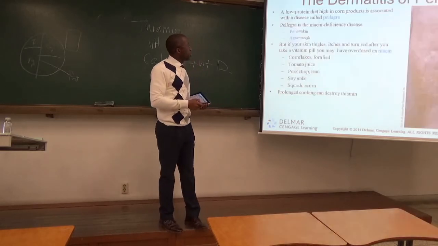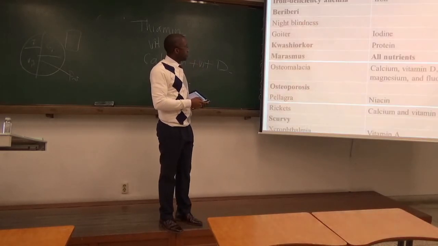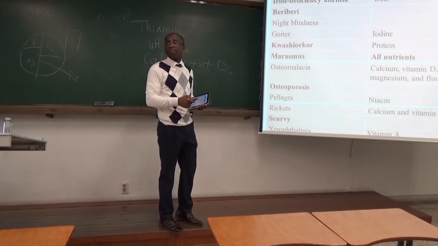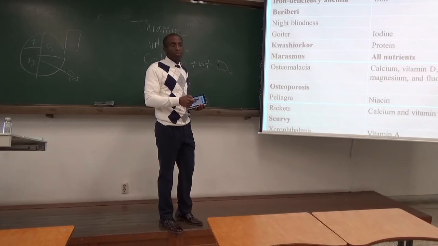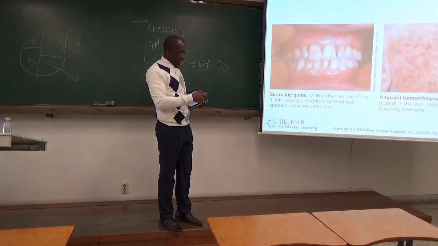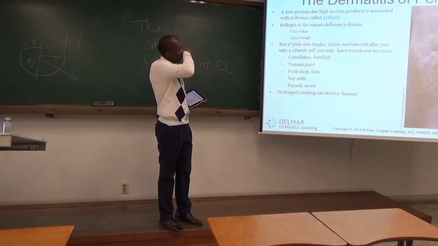All right, let's come back to our first picture again. So we look at osteoporosis. We also have pellagra from skin problems, rickets. Scurvy is what? Which vitamin? Vitamin C. Scurvy, vitamin C. So before that, let me just show you this picture.